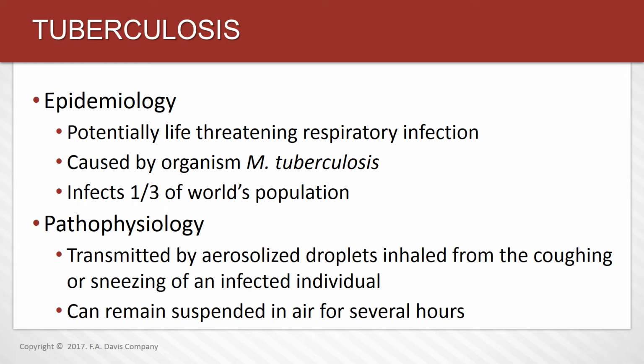TB disproportionately affects Blacks, Hispanics, and Asians. All right, so you see more in the minorities than the majority. TB is also a persistent problem that you see in individuals who are homeless and in the incarcerated population as well, because you tend to see it in crowded areas.